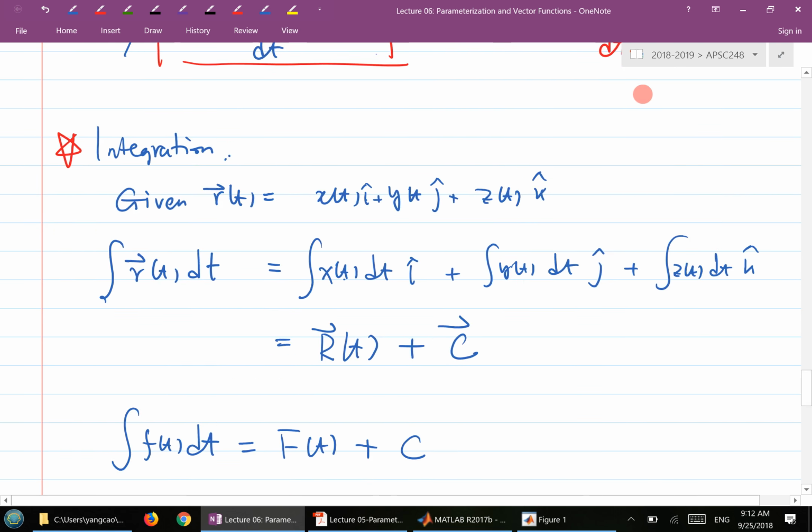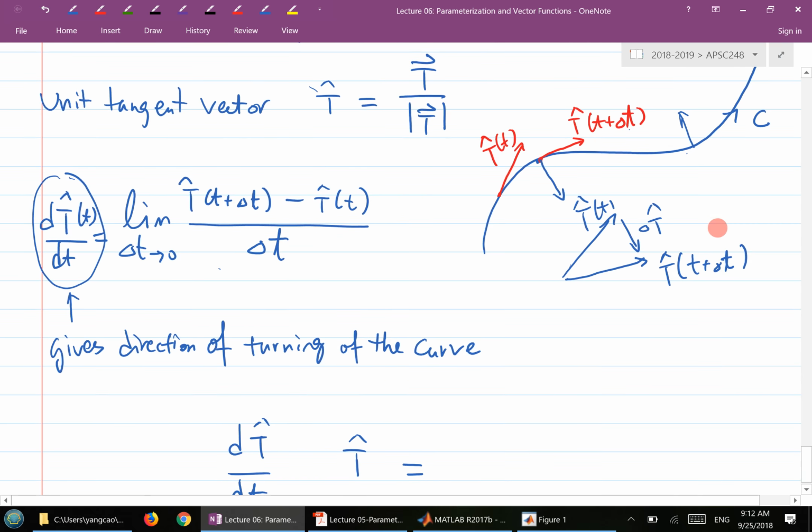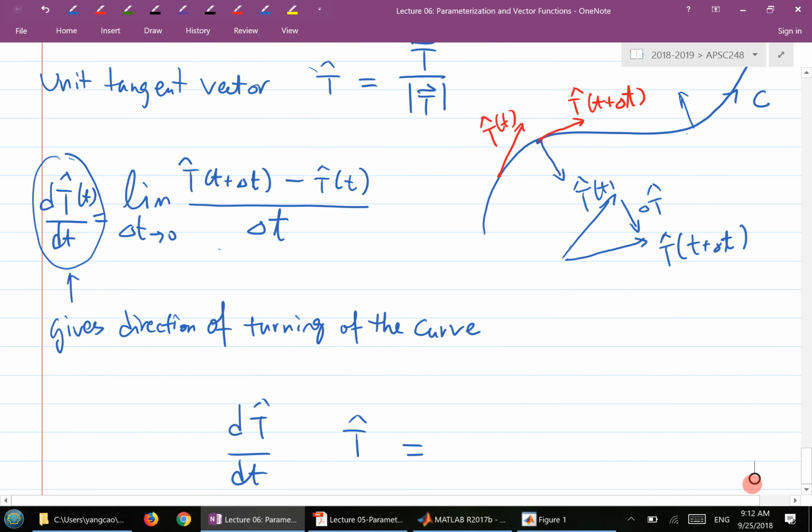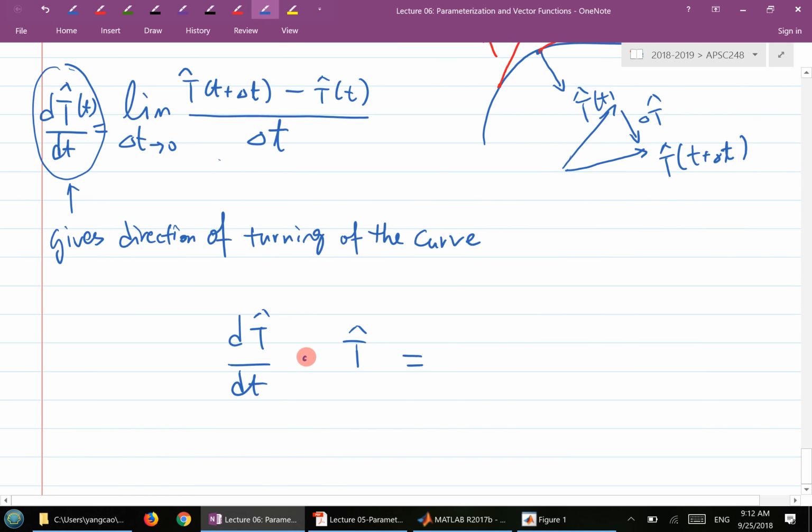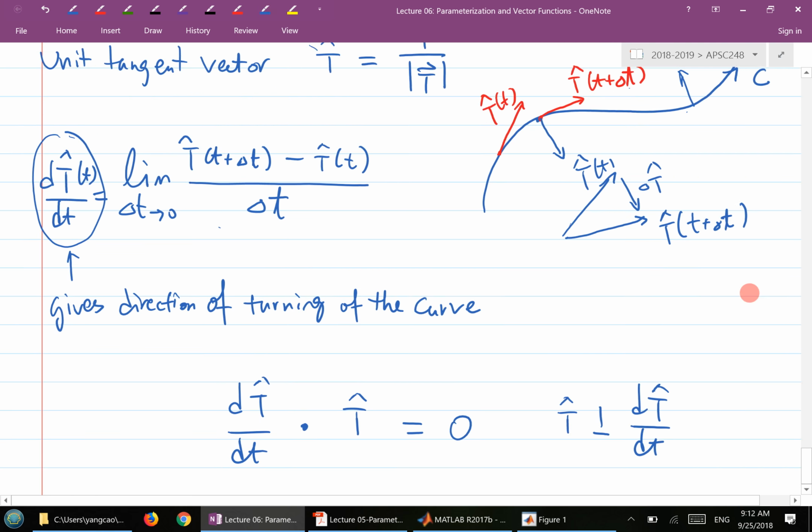Now we're talking about T hat here. T hat is a unit vector, which is guaranteed to be of constant length. So that means the dot product of these two is 0, or they are perpendicular. So you have T hat over here, and you have dT hat over here, which are perpendicular to each other.